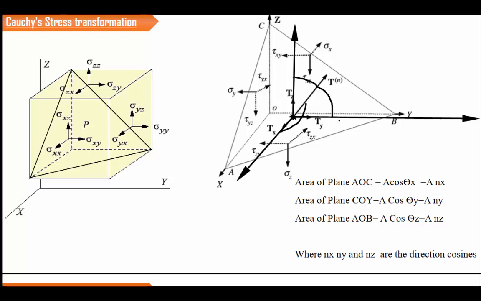It is just by resolving sigma x dash, sigma y dash and sigma z dash to this particular normal, simply multiplying them with the cosine values.